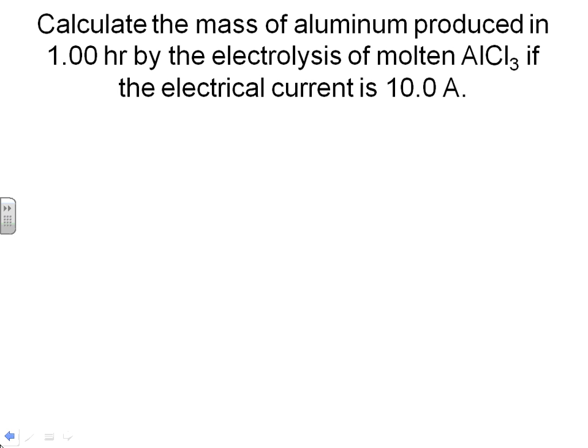We're starting with AlCl3, and we're turning it into Al. We're producing aluminum from the molten aluminum chloride. The other product is going to be chlorine gas. This is not balanced, so balancing it out, we're going to need a 2 here, a 2 here, and a 3 here.